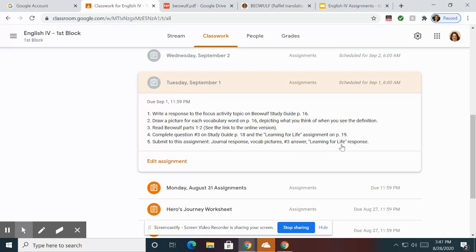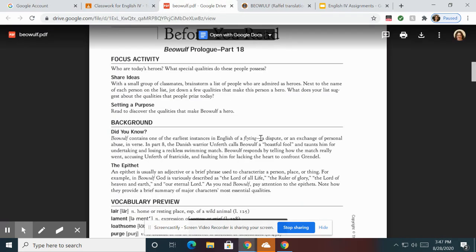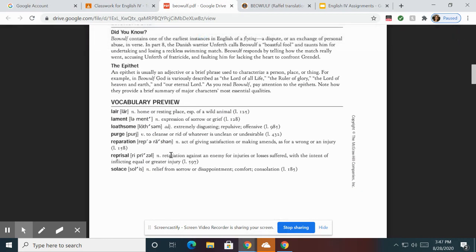All right, so after I write my response to that topic, which is just my opinion, I can't get it wrong, number 2 is going to be a little bit different. I don't know if you've done this in other classes, but the vocabulary that we also have on page 16, that you already wrote an original sentence for each word, you're going to draw pictures today for the vocab. Now, here's the theory behind this.